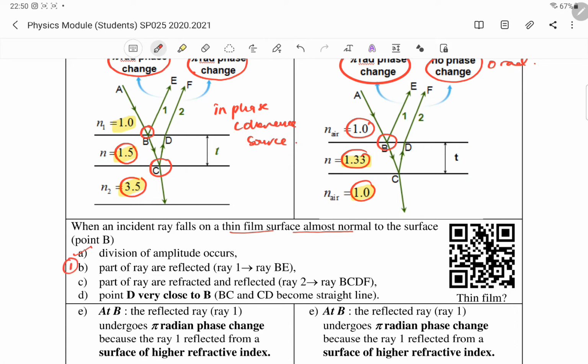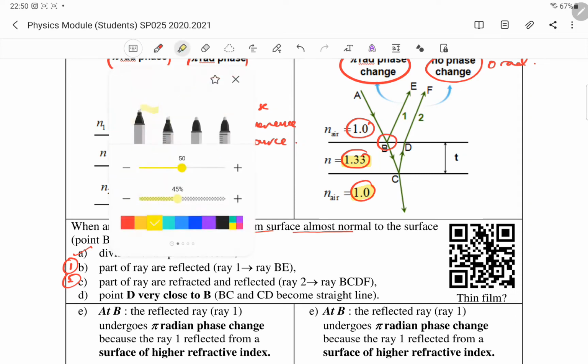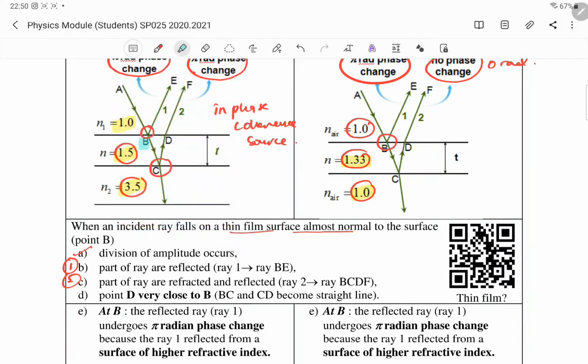Part of ray 2 is refracted and reflected. So B, C, D, F adalah kita punya ray number 2, refracted and reflected.